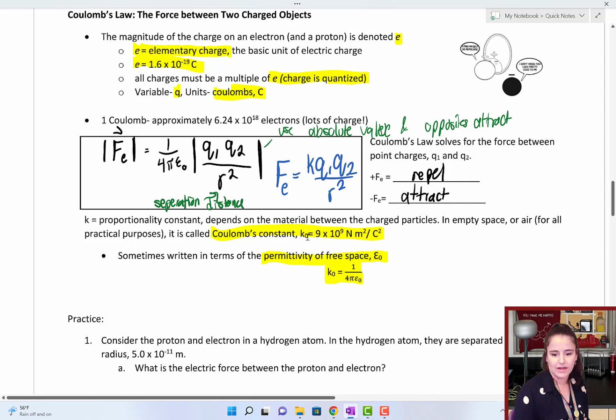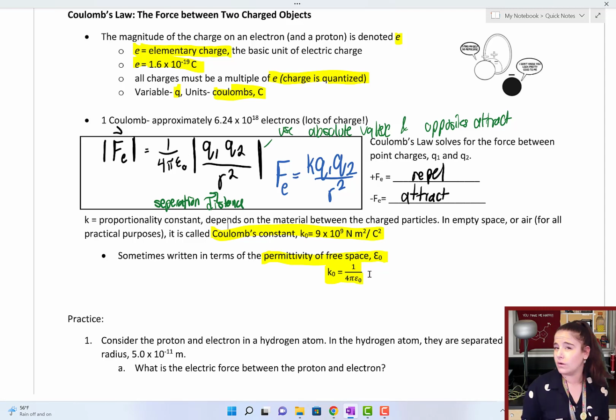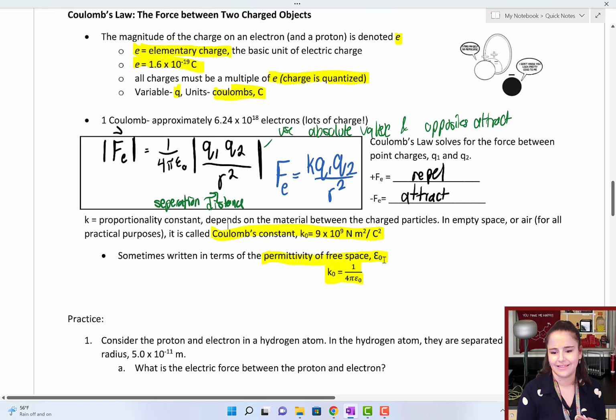It is Coulomb's law constant, 9 times 10 to the 9th newton meter squared per coulomb squared. But on your equation sheet, it is written as 1 over 4 pi epsilon naught in terms of the permittivity of free space, which basically is how well the space can hold an electric field. And just so you know, I've never seen a value for it that is not this number, okay? So just use that one for all purposes.